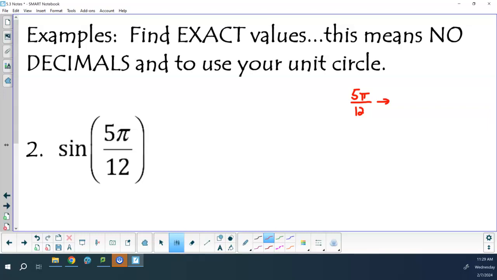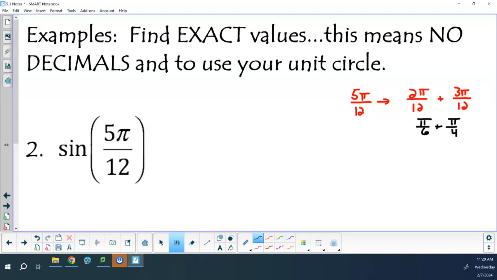Pi over 6 and pi over 2? Pi over 2 not with pi over 6. Pi over 6 and pi over 4. So in my brain, I'm thinking 2 pi over 12 and 3 pi over 12, which is pi over 6 plus pi over 4. Okay?